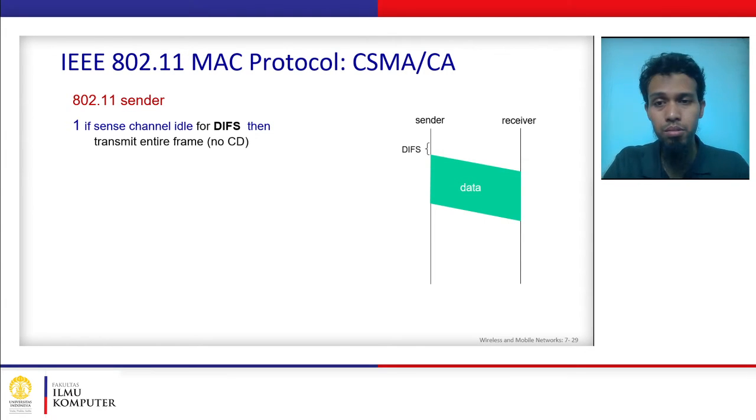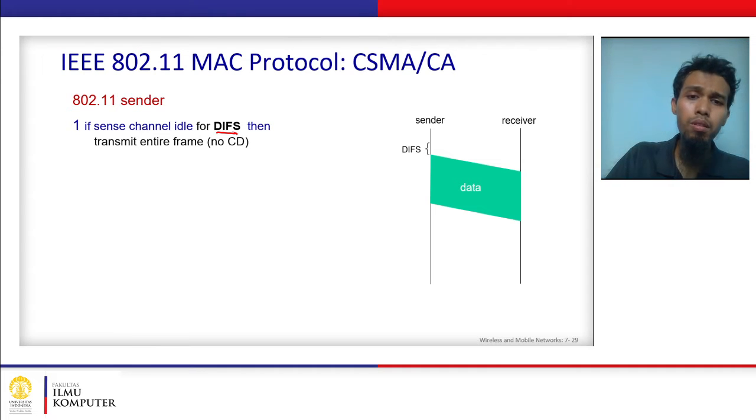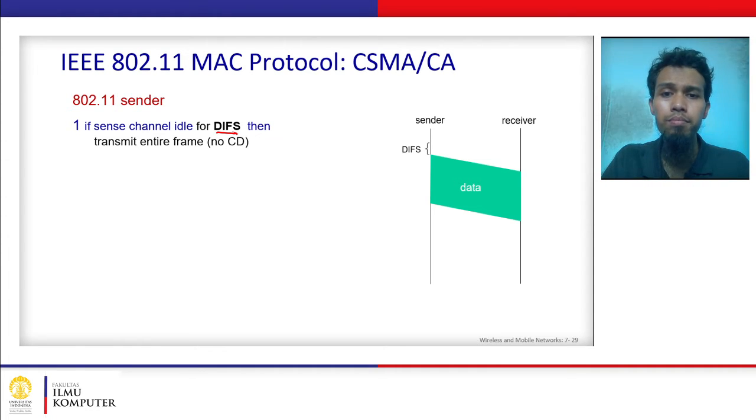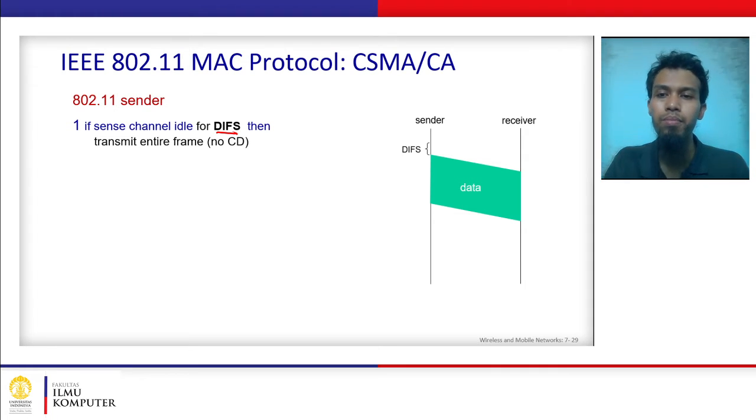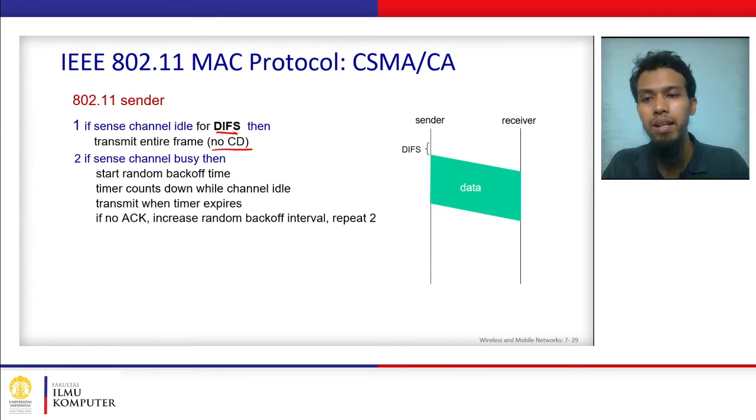If it is idle, we wait for a time interval called DIFS, the distributed interframe space. After this time, if the channel is idle, we transmit the entire frame. So no CD, no collision detection. If there is any collision, then just back off.